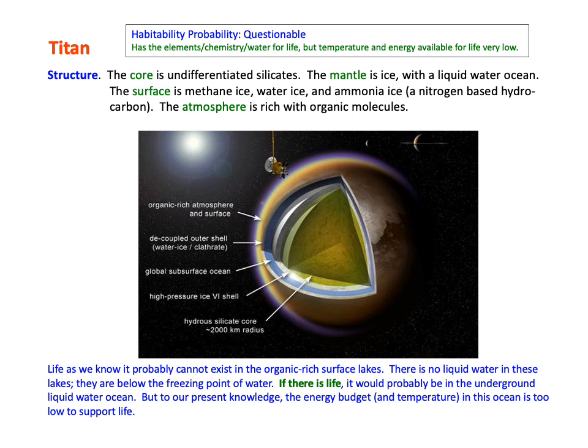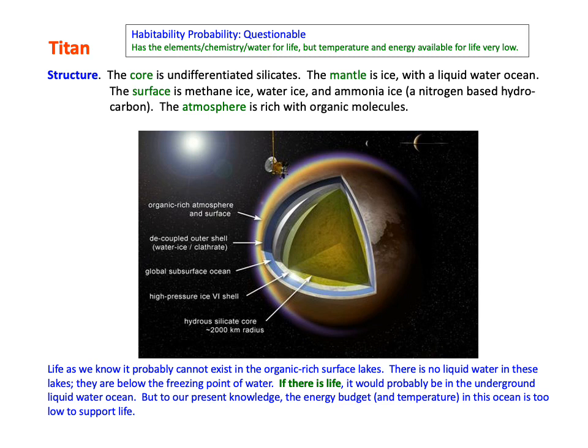And then the surface is quite a bit of methane ice and water ice and ammonia ice. And then the atmosphere is very rich with these organic molecules, including ethane and methane and the other ones that we mentioned.